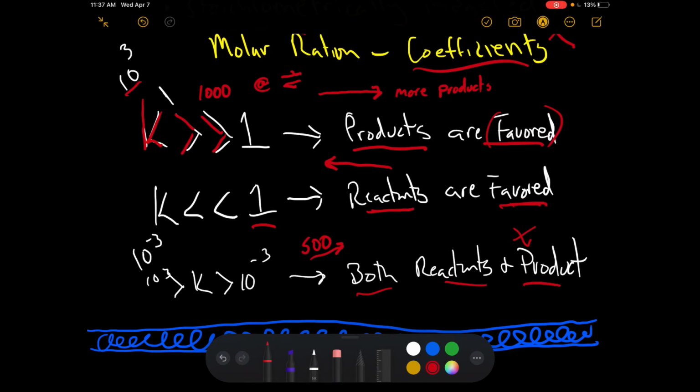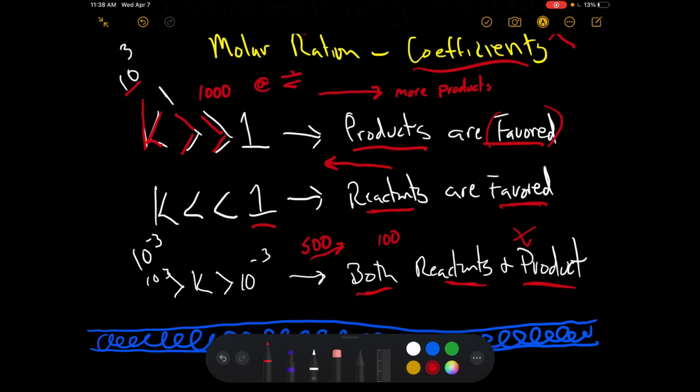So, again, what could we expect if we had a K value of, let's say, 100? That is less than 1,000 and more than 10 to the negative third, so we would still have both reactants and products.